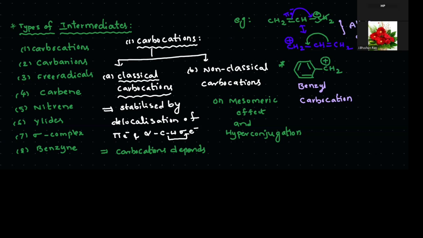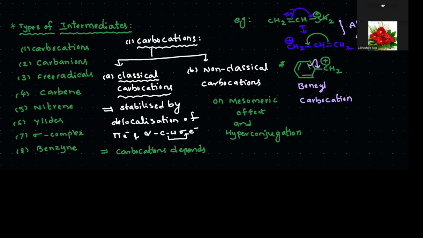The stability of this carbocation depends on conjugation or delocalization of the pi bonded electrons. This process is also called delocalization. Here the positive charge is alternately present. This is an example of a classical carbocation. Here, pi bonded electrons stabilize the carbocation.